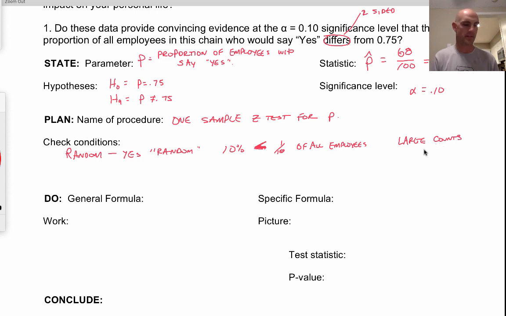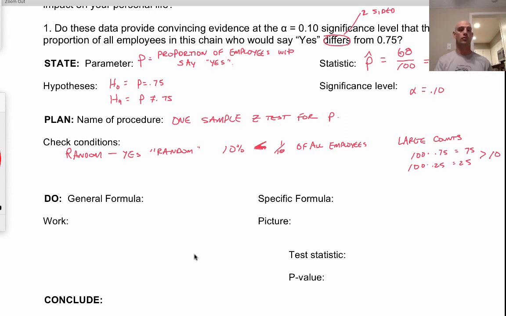Well, let's think about this for a second. 100 times our 0.75 here is equal to 75. Almost got me there. And then 100 times 0.25 is equal to 25. Both of those are greater than 10, so we are good.